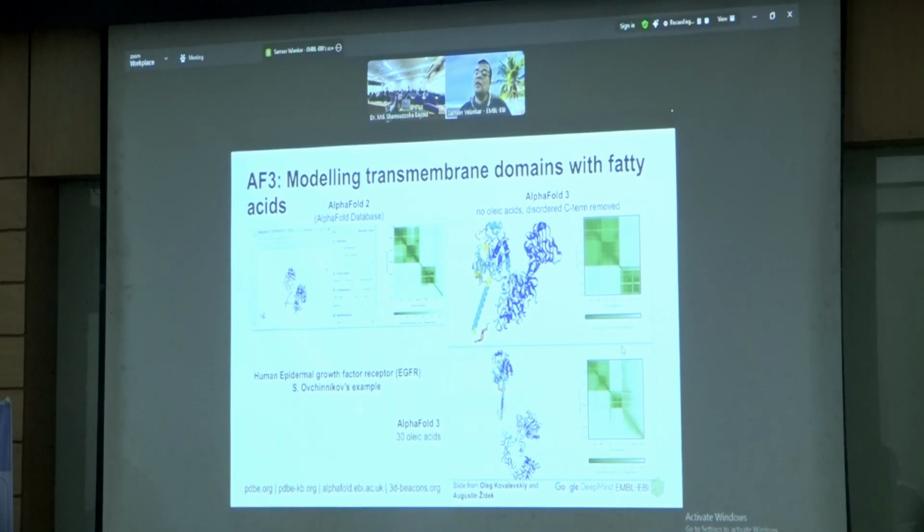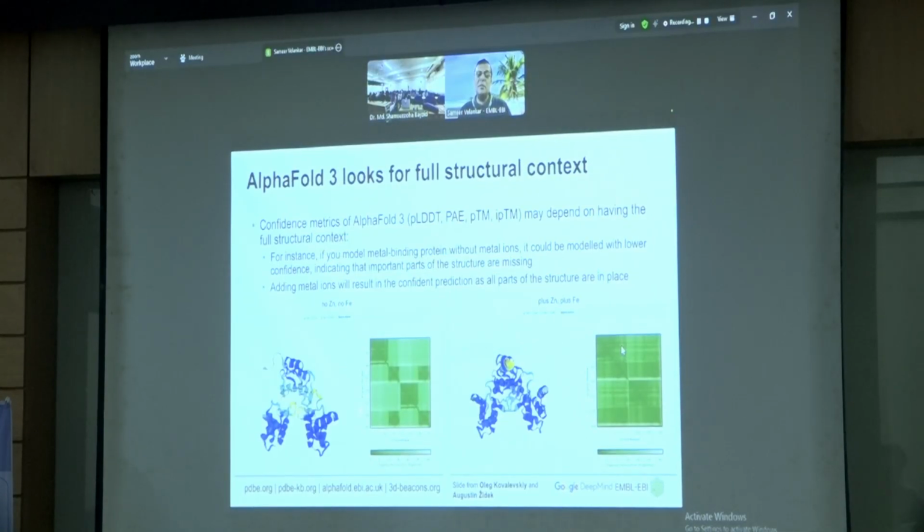And this is different about the whole too. And so, for example, another example where there was a metal binding site, and so suddenly when you add metals, which are here, you get a better structure because it now knows more context. And so this is why AlphaFold 3 also changes pLDDTs depending on the inputs that you give, because the more complete the context, the better prediction it is going to give you.